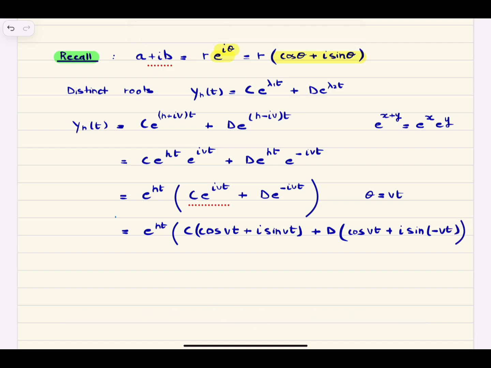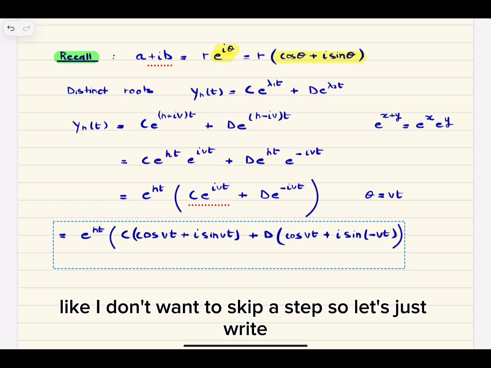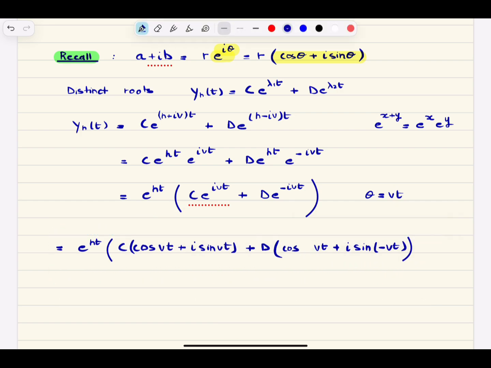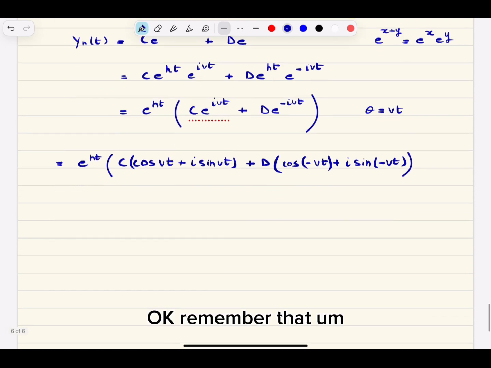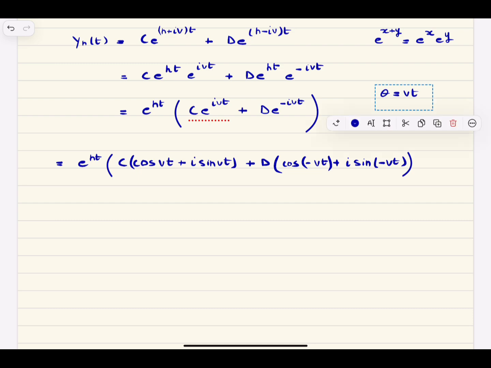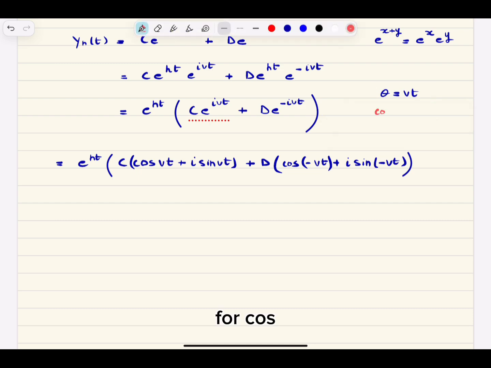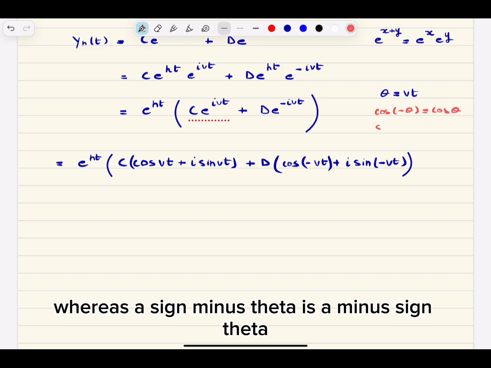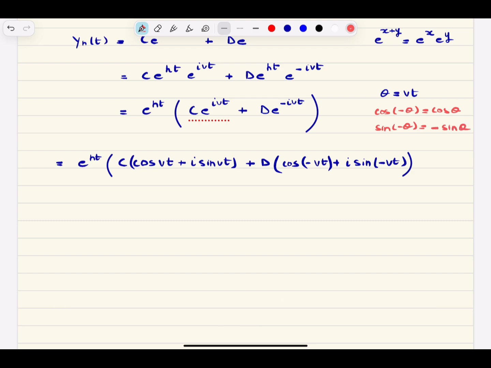Actually, I don't want to skip a step, so remember that cos(-θ) is the same as cos θ, whereas sin(-θ) is minus sin θ.